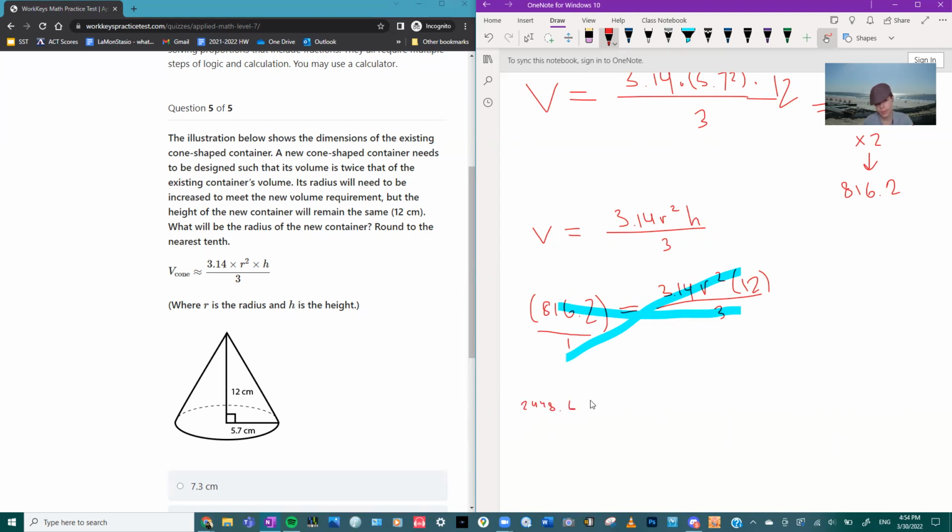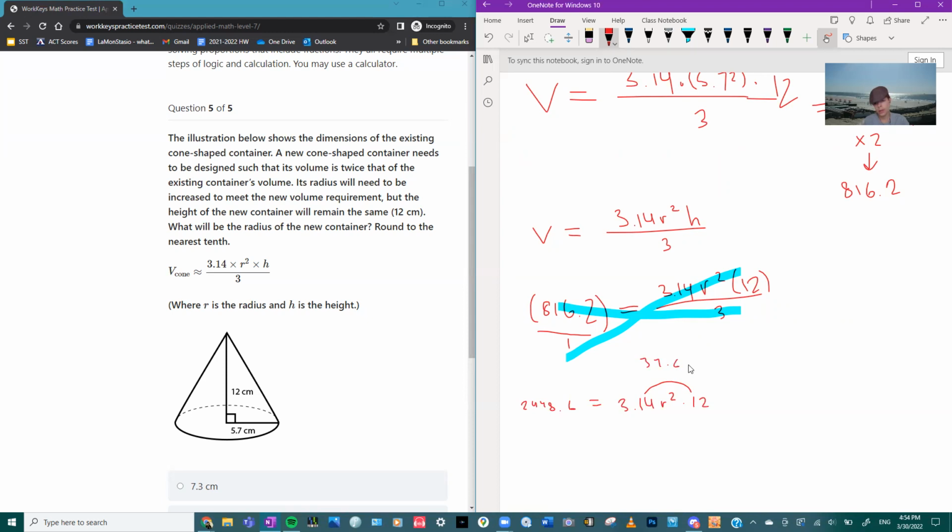All right. And then 3.14 times r squared times 12 times 1 is just the same thing as it already is because it's multiplied by 1. So now we just have to know how to get r by itself. Well, we're going to have to get rid of the things that are beside it. So first of all, we can just multiply these two things. 3.14 times 12 is 37.68.